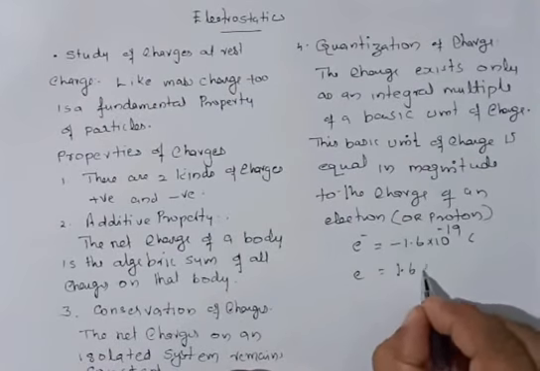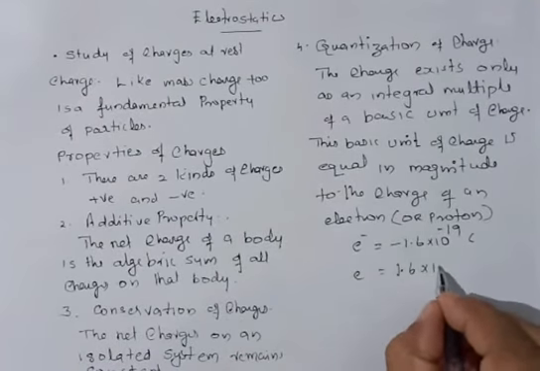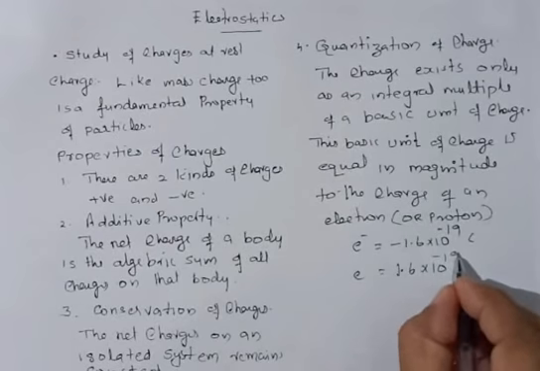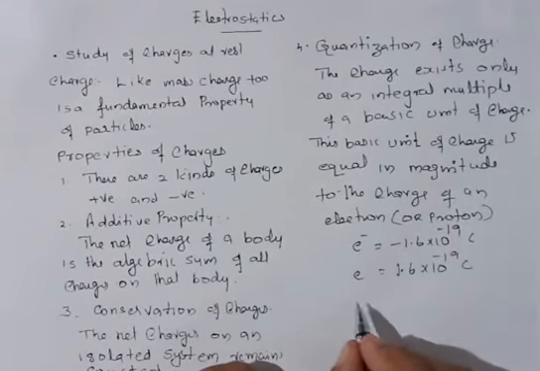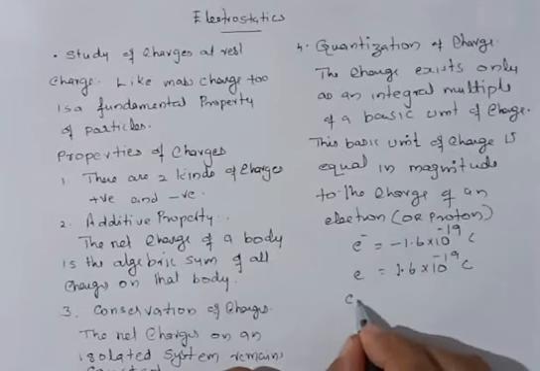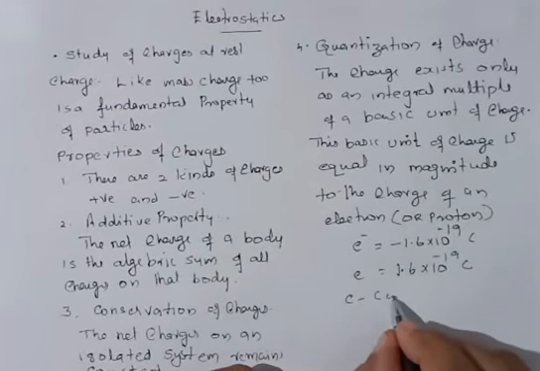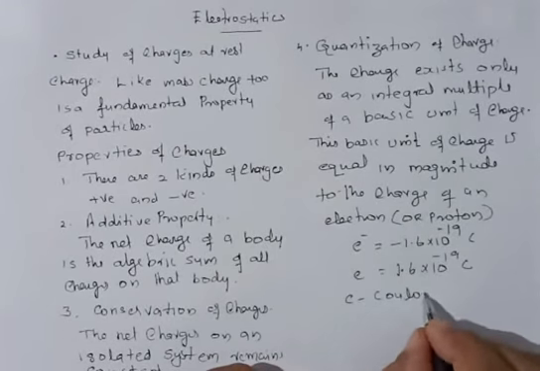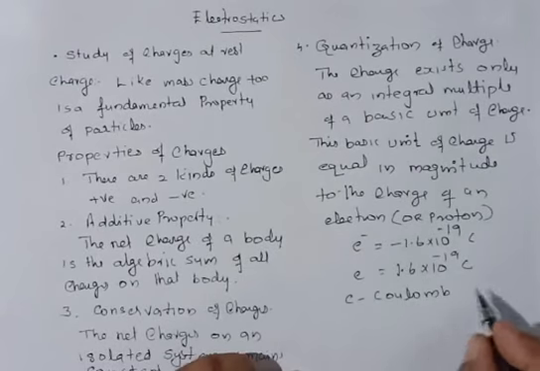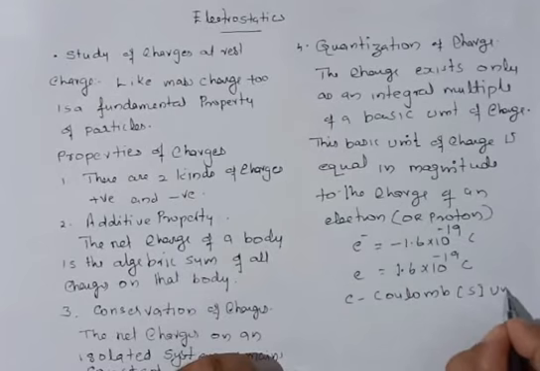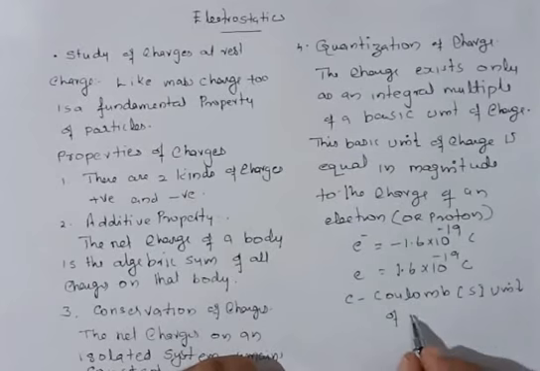Coulomb is usually written as capital C, which is the unit of charge. It's called coulomb, C-O-U-L-O-M-B, that is the SI unit of charge. Now, for subatomic particles like electrons, protons, and neutrons, electrons will have minus 1.6 times 10 to the power minus 19 coulomb, which are negatively charged.